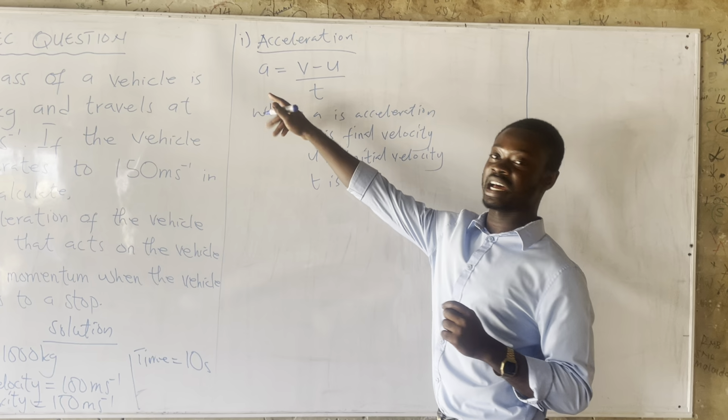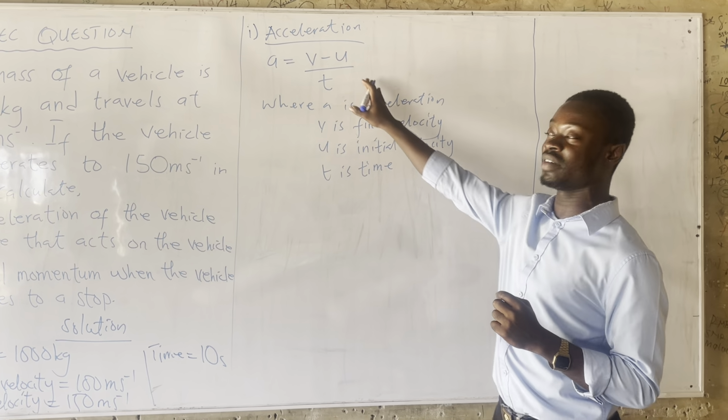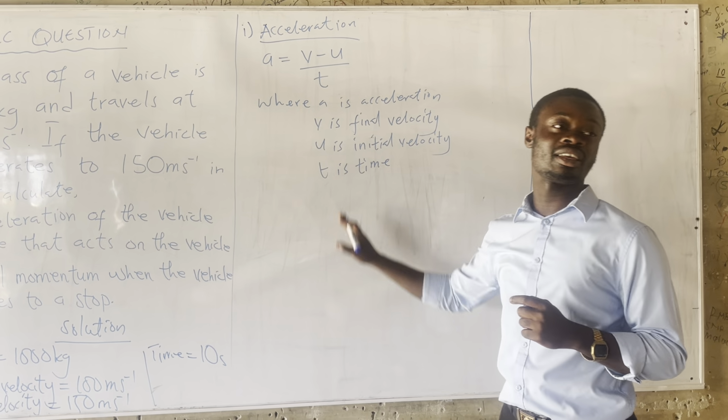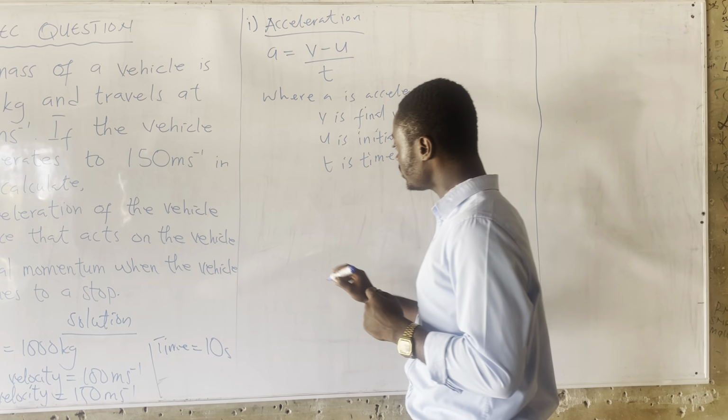Okay, so the A is the acceleration, the V is the final velocity, the U is the initial velocity, and then the T is the time. So let's substitute the information into the formula.